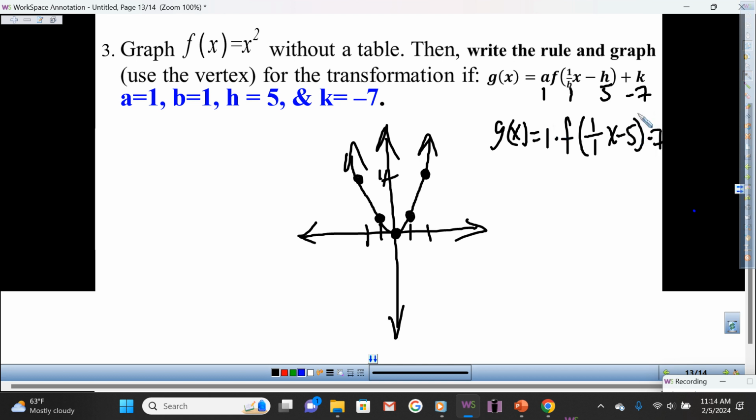Since it's a quadratic, we put a little squared. So do we need the 1 here and the 1 here anymore? No. So this becomes g of x equals f of x minus 5 squared minus 7. So according to this, where are we going to move our function? Dom.